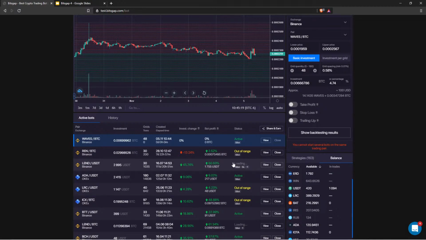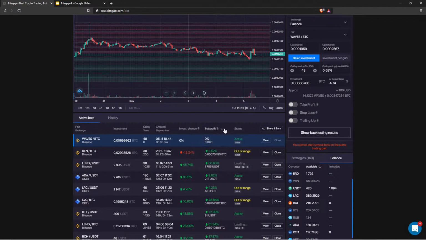So these are two key, essential foundational metrics that you have to really understand, because for some even experienced traders it's kind of confusing what makes investment change different from the bot profit, and why it can be that my investment change is lower than the bot profit, or for example my investment change is in the negative zone whereas my bot profit is in the positive area.